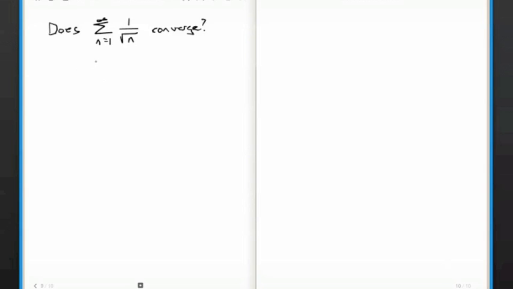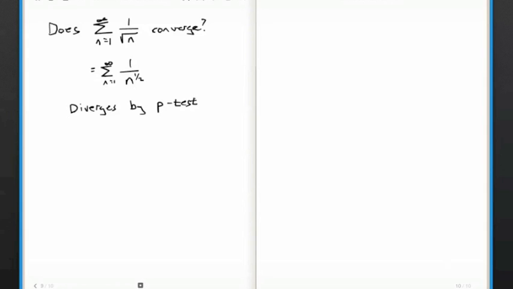That equals the sum n equals 1 to infinity of 1 over n to the 1/2. Well, 1/2 is less than 1, so I suspect this won't converge either. So at this point I can skip straight to the punchline and say diverges by the p-test. Okay.